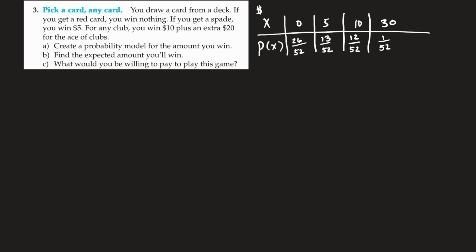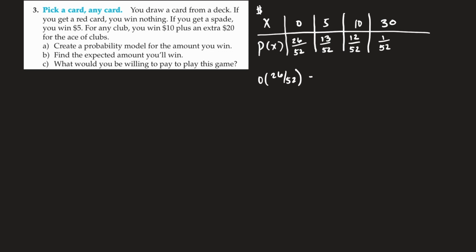Now, the rule is when I'm asked to find the expected value, and that's obviously this value right here. Expected is the key word, the amount of money you're going to win. This is expected value. We're going to multiply essentially all the x's times their corresponding probabilities. And it'd look like this. 0 times 26 out of 52. Let's be real clear.